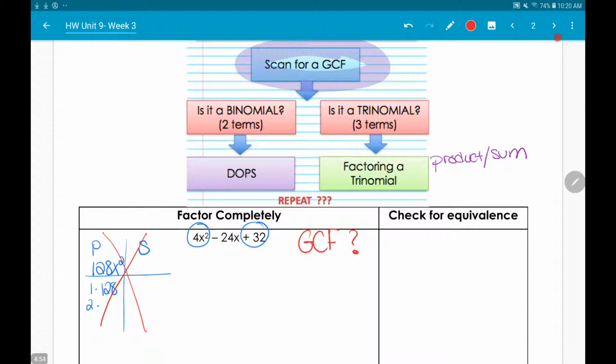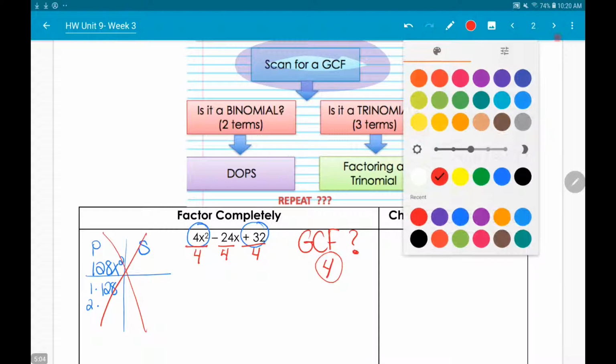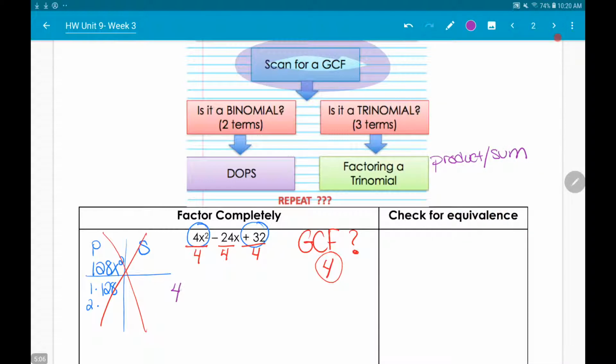Yes, there is. What is it? That's 4. So I'm going to divide them all. Remember, when we divide out our GCF, it goes on the outside, and what's left over goes inside my parentheses. So on the inside, I'm going to be left with x squared minus 6x plus 8.